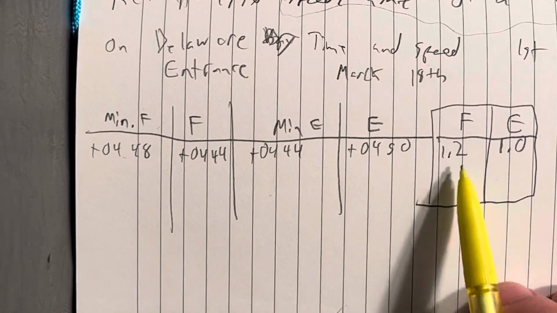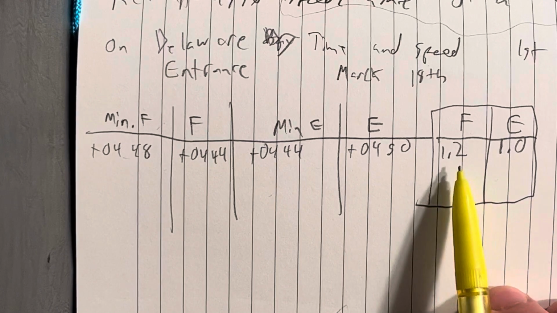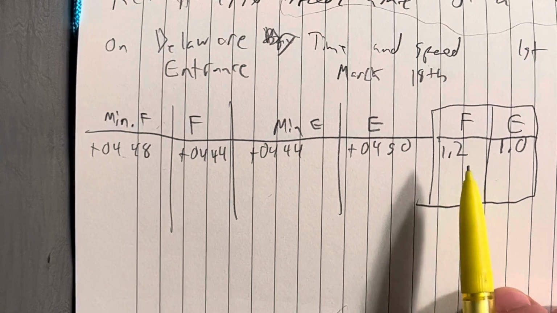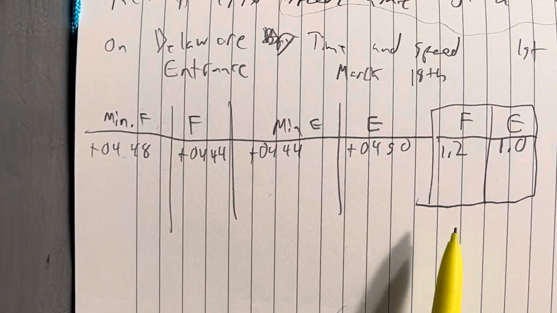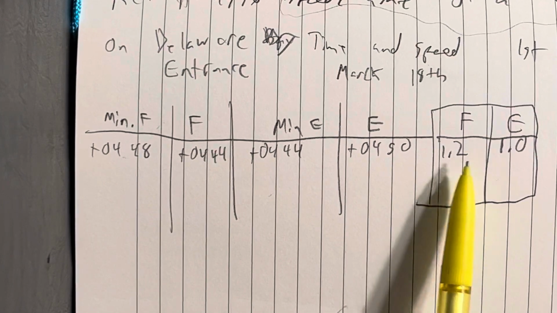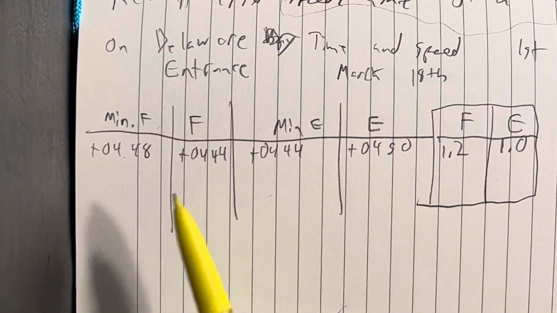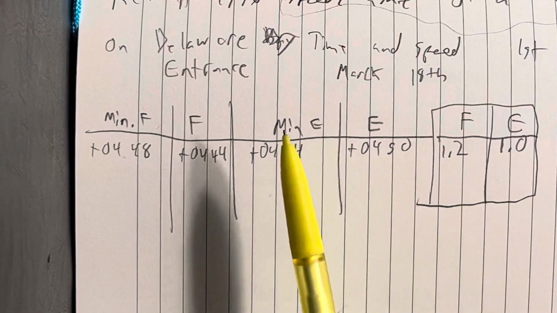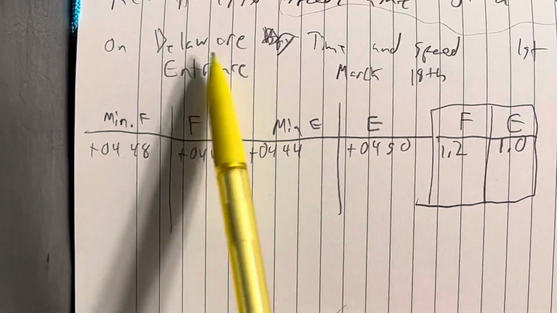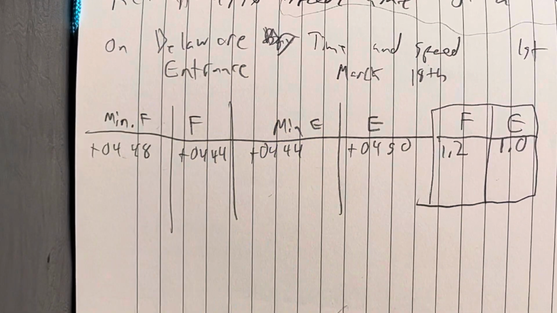So what that means is that you multiply the speed of the flood at the Delaware River entrance by 1.2 and the ebb by 1.0. All right, now that we have all of this, our next problem is to find the information for the main station.